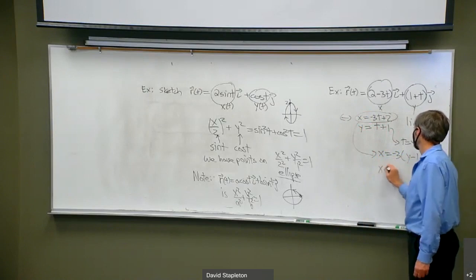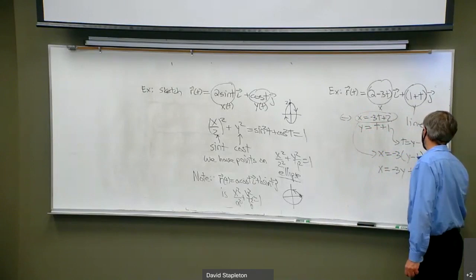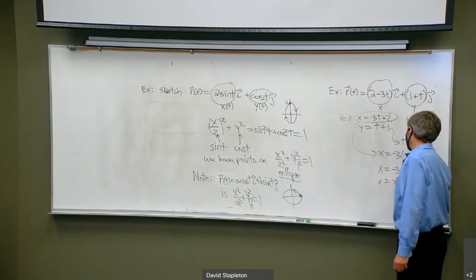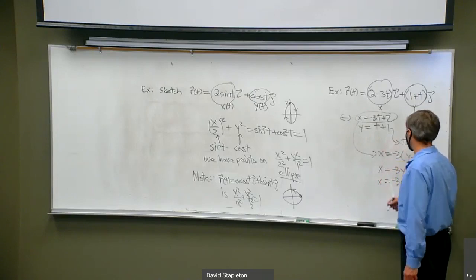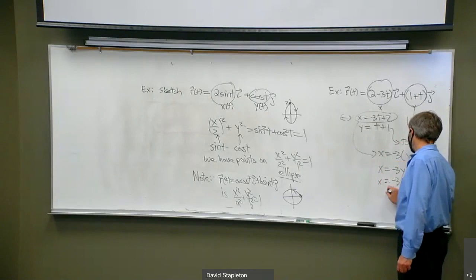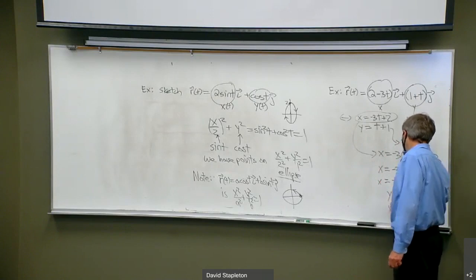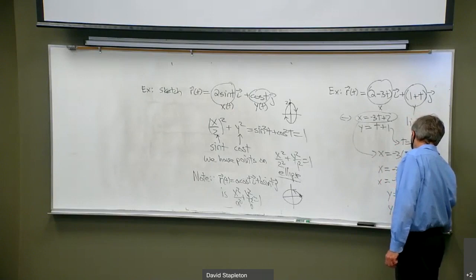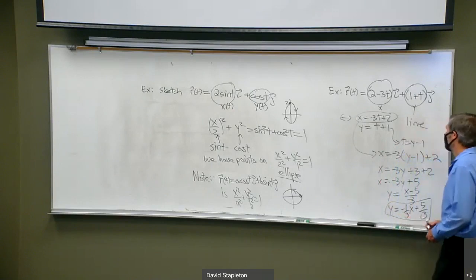Evidently, x equals minus 3y plus 3 plus 2, so x equals minus 3y plus 5. So you can solve for t in one equation, put it into the other one, and figure out what the equation is. Evidently, y equals (x minus 5) over minus 3, so y equals minus a third x plus 5/3, which is mx plus b form. And then you sketch it.